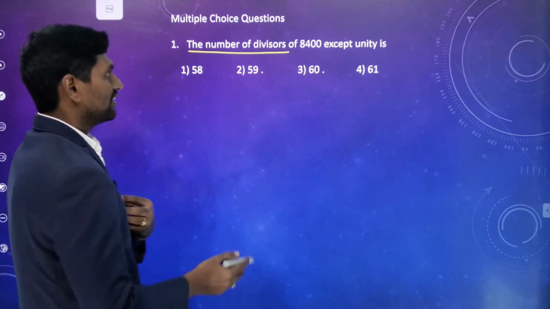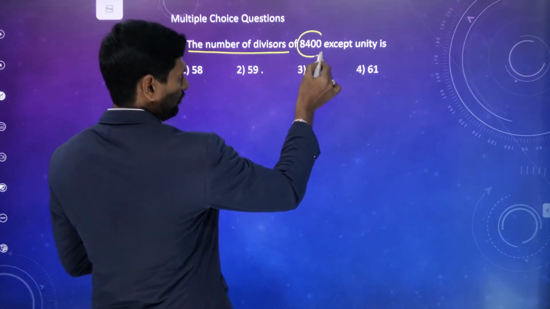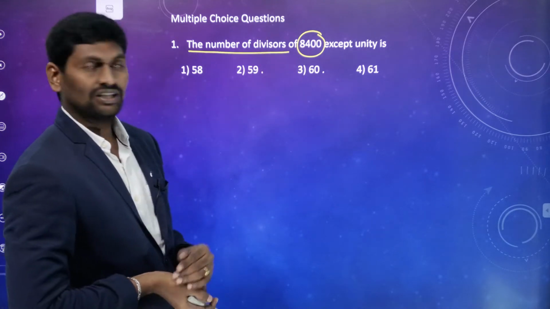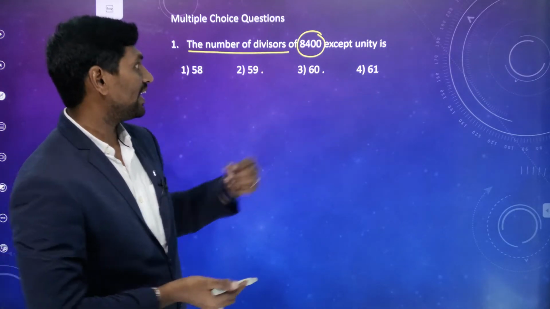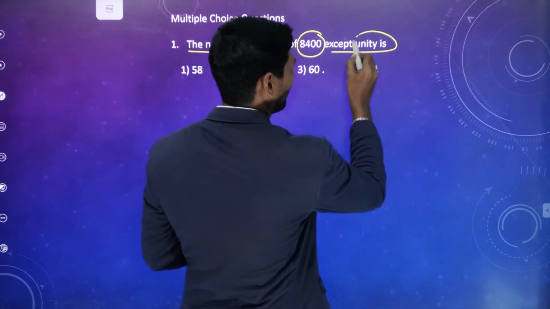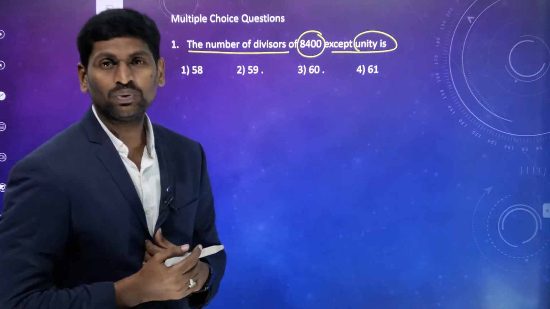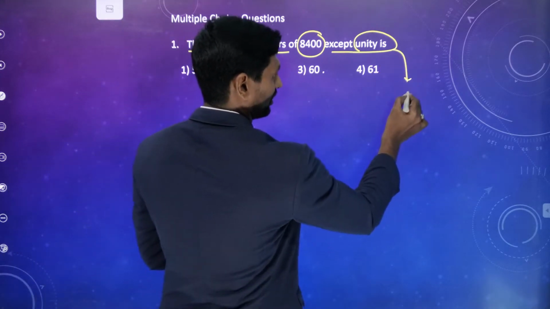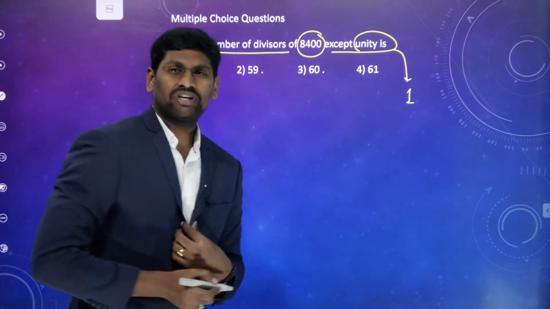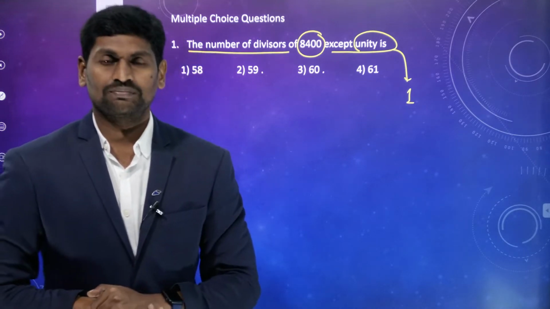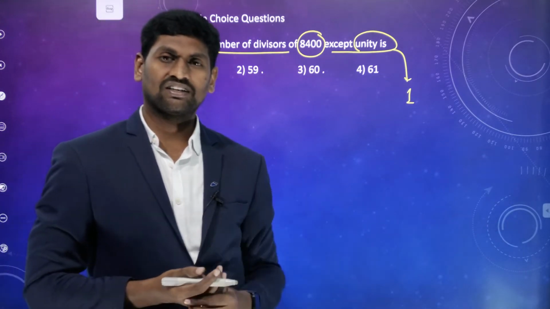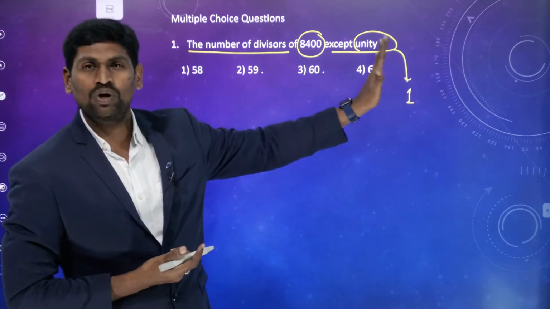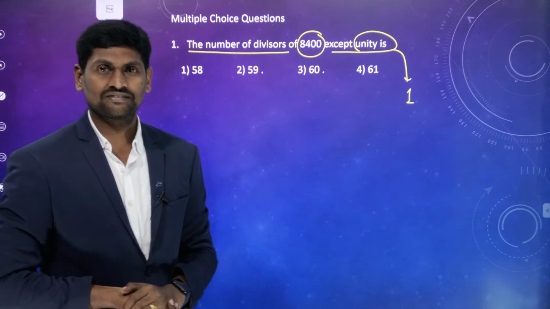For what number do we have to find? 8400, except unity. Unity means 1. For every number, 1 is a common factor, because every number comes in the one table. So the question is asking for all the remaining divisors except that 1.